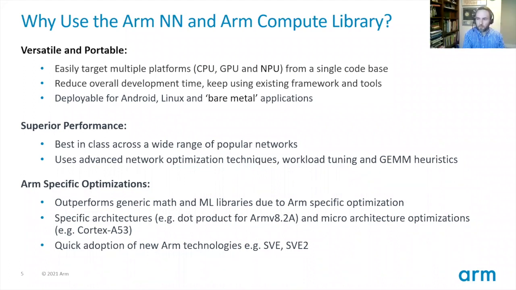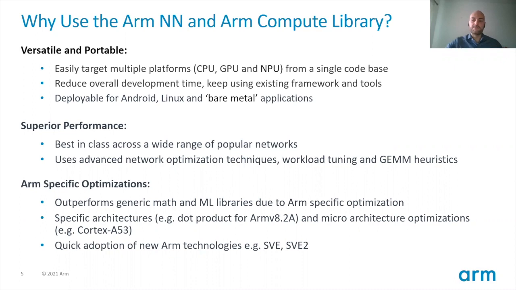Hey, Gianmarco, as well as the LWS tuning, I think it's important also to mention the GEMM heuristics that we have built into the code for the most common SoCs that exist out there today. Can you talk about that a little? Sure. This is one of the reasons why the performance on CPU and GPU in particular is pretty good: we have handcrafted heuristics for each Mali GPU architecture that you can find within the Arm Compute Library.